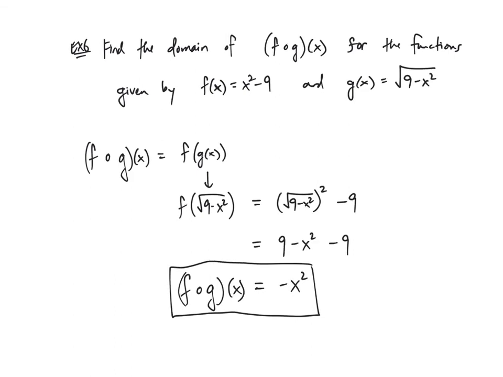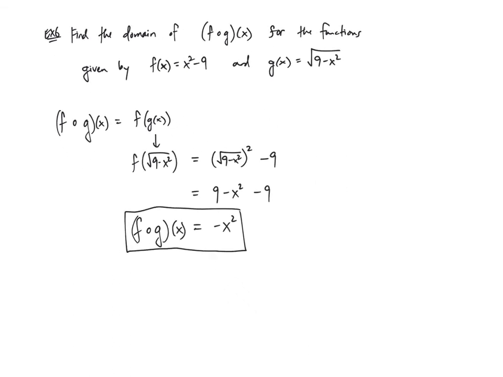Remember, the journey that x took was that it had to go through the G machine first, get an output, and then into the F machine. So if there are any restricted domains along the way from the very beginning of the journey, then that restriction carries through the entire composition of functions.